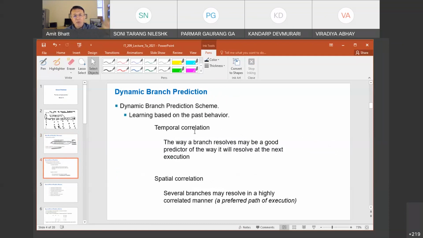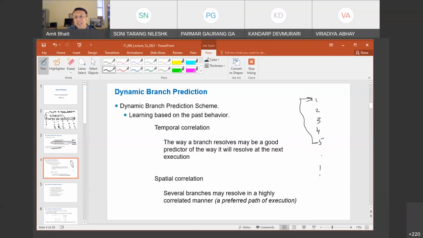Again, there is a temporal correlation. That means the way a branch resolved may be a good predictor of the way it will be resolved in the next execution. So what it means is, we talked about instruction number 1, 2, 3, 4, 5, and so on, 6, 7, 9. And if instruction number 5 is a branch statement, and it is resolved once like this, then next time there is a very good chance that it will be resolved like this. And what is the reason?